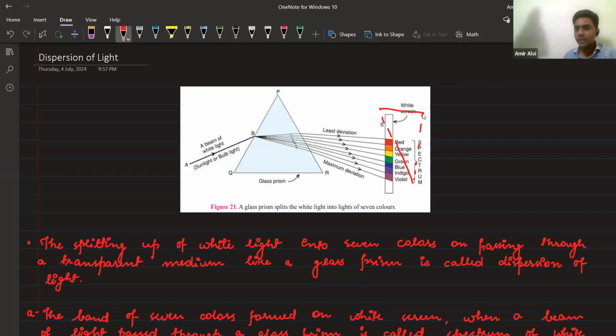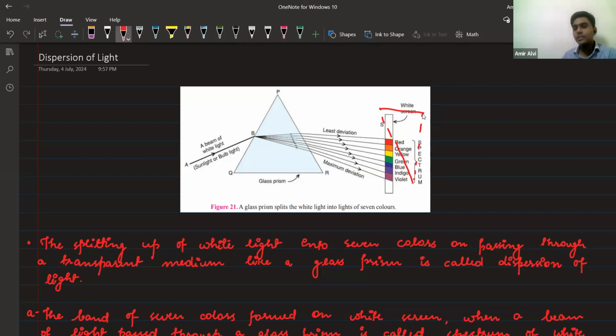Zainab, your voice is lagging there. Please speak again. Sir, the beam will go from violet to red. I'm not getting your point. Like it'll be reversed, I'm just guessing. Acha, you are saying it will get reversed.